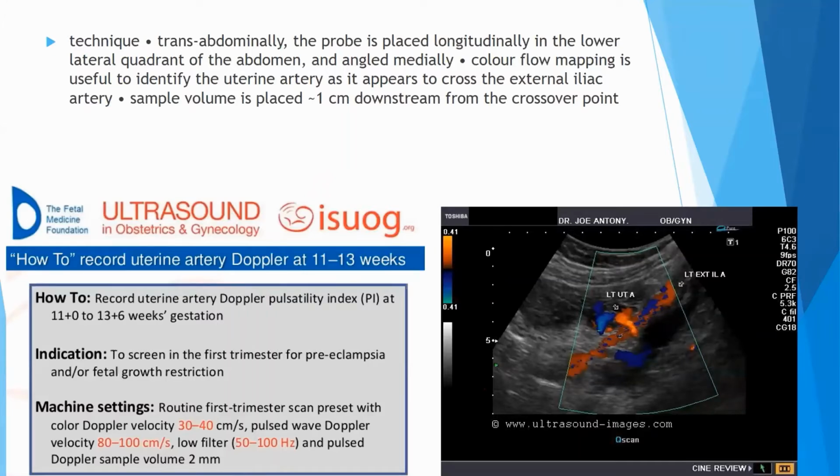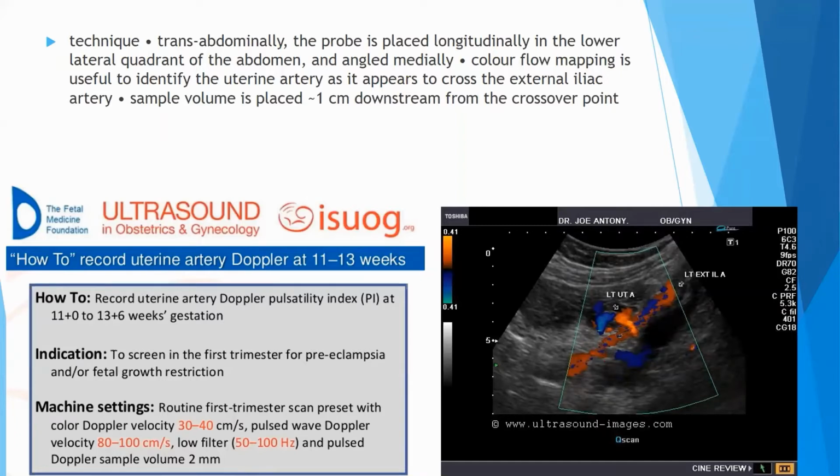In terms of the technique, how we do the uterine artery Doppler, we can do it transabdominally or we can do it transvaginally. We've been doing it mainly transabdominally at the fetal medicine unit. We don't have many first trimester patients. So transabdominally, the probe is placed longitudinally in the lower lateral quadrant of the abdomen. And then we angle it medially.